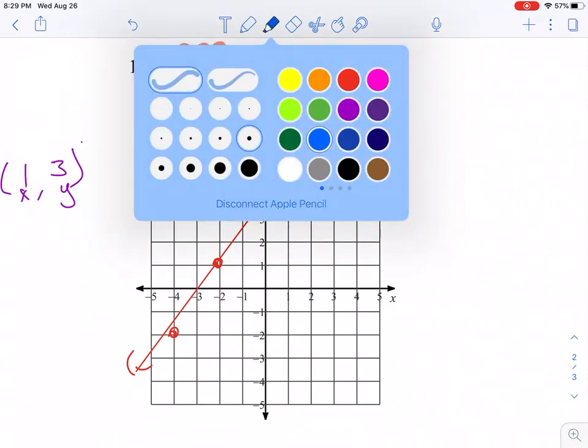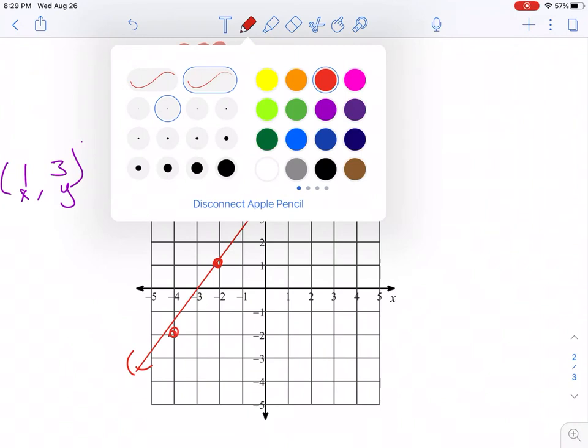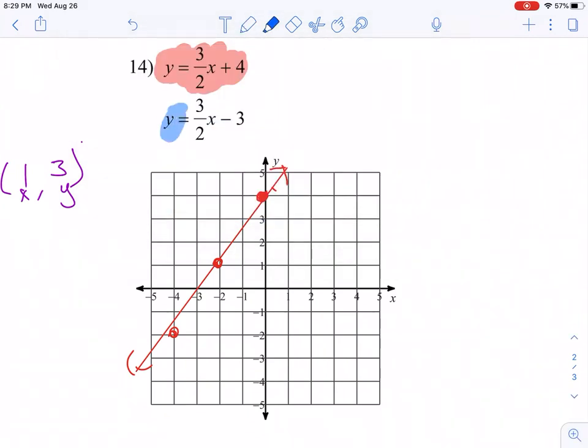For my second equation, which I'll complete in blue, I am going to begin at -3, and I should be counting up 3, right 2. 1, 2, 3, 1, 2.